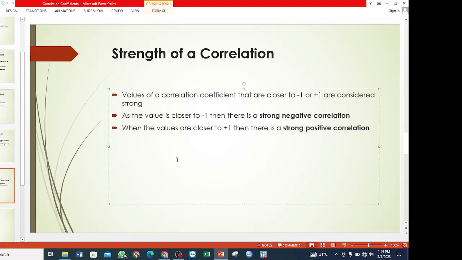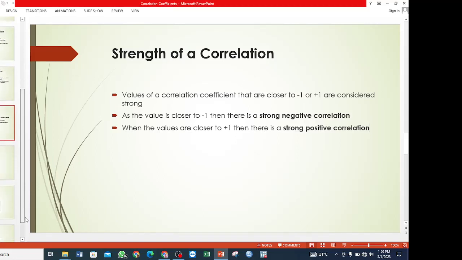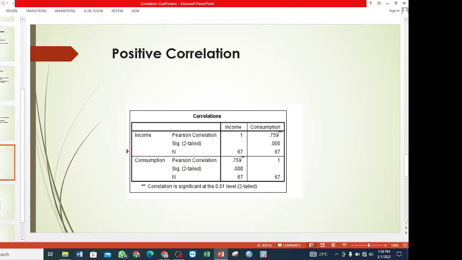In this video, I have come up with some examples that will help you understand the correlation coefficient and also how you interpret it. So in this example, I have used SPSS to run the correlation analysis, and in this first example, I am running the correlation between income and consumption.